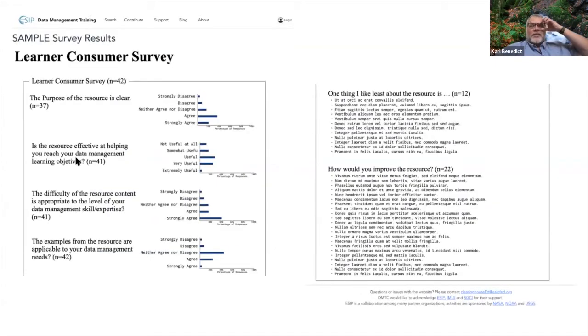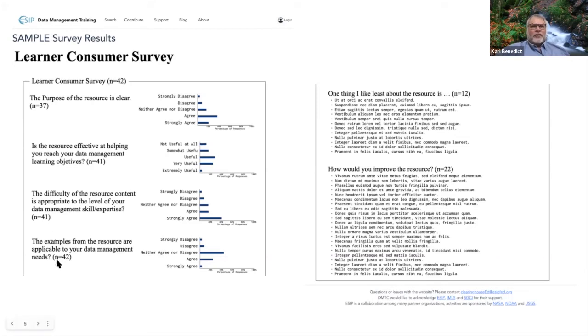So we had one other example that we wanted to show for some feedback, and that is a mock-up of one potential way of essentially presenting and summarizing the results of a particular survey that is associated with the learning resource. So this is a mock-up of both the set of questions.